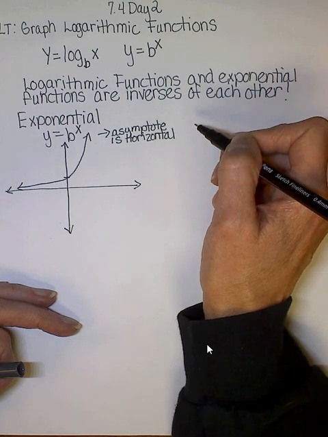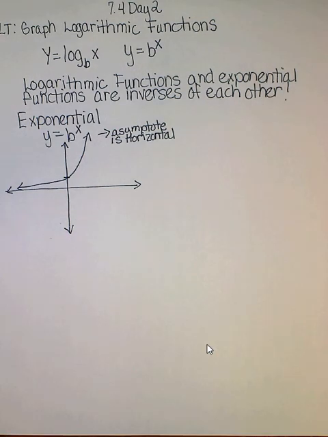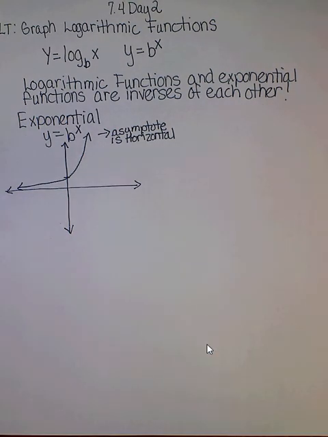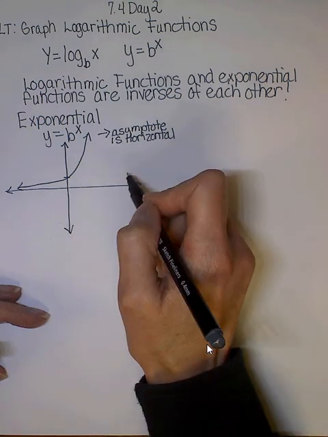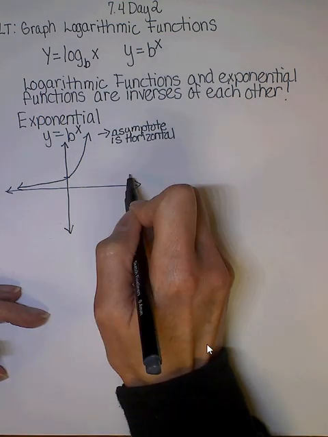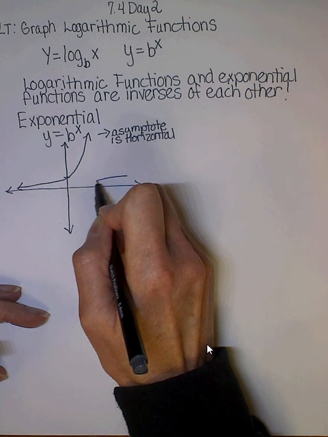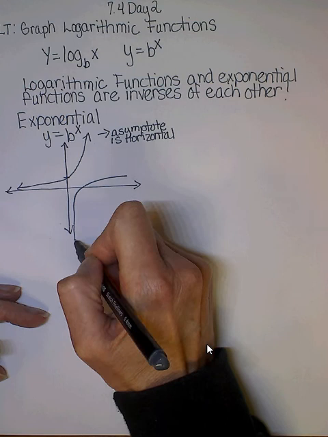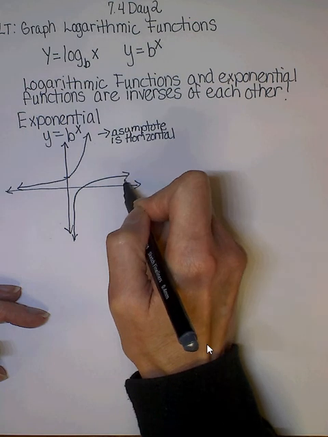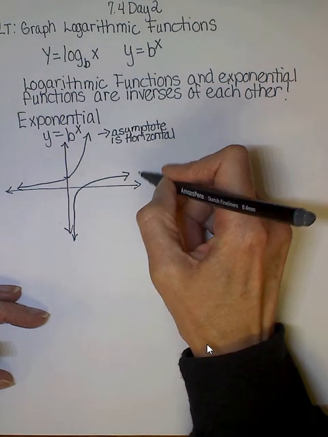Now, you know how you switch x and y to get the inverse function, and so the logarithm graph looks like a mirror image. I don't know if I'll be able to draw it real well. The logarithm graph looks like this.